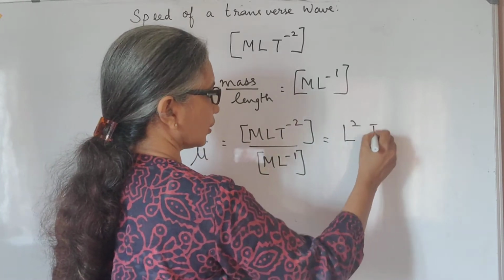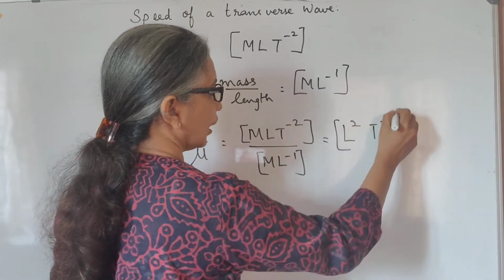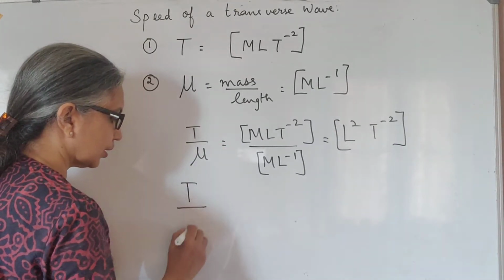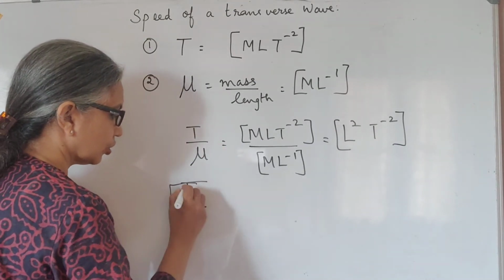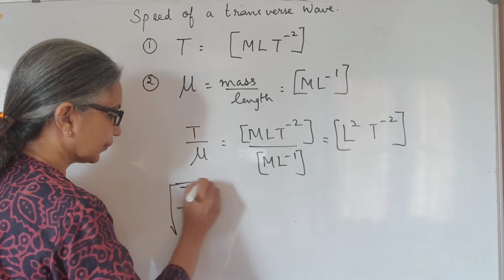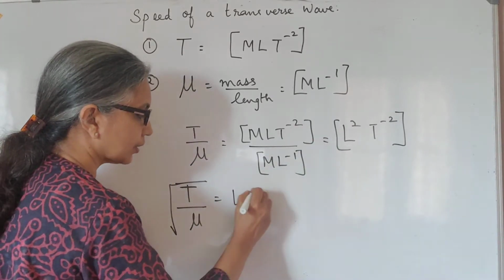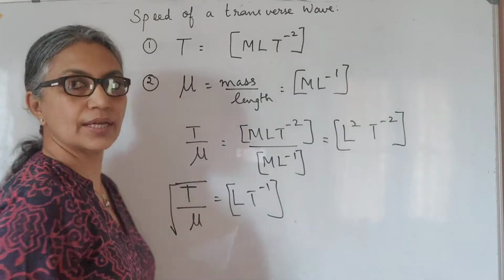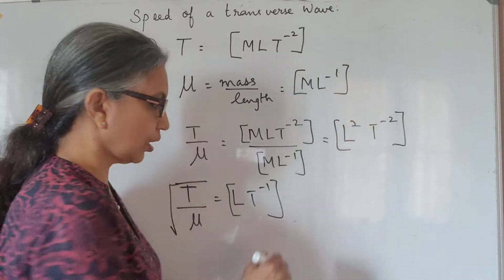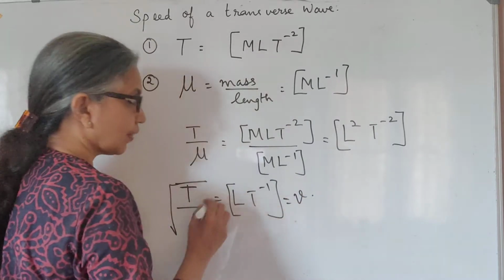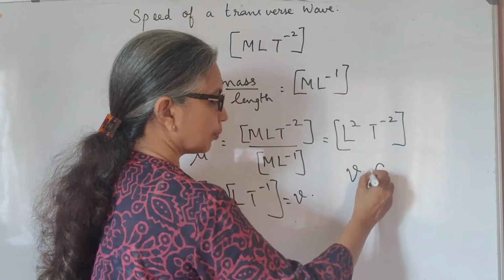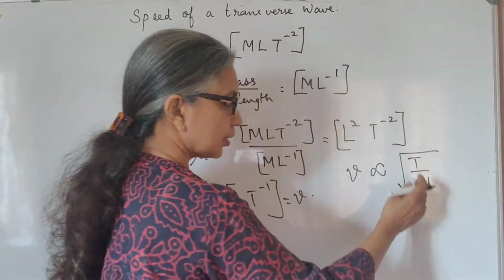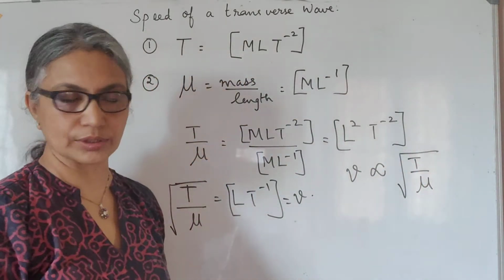You have L^2 T^-2, and therefore if you take the square root of T by mu, you will see that this is going to be LT^-1, which is the dimensional formula for velocity. So we come to the conclusion that the velocity is directly proportional to the square root of T by mu, because this and this have the same dimensions.